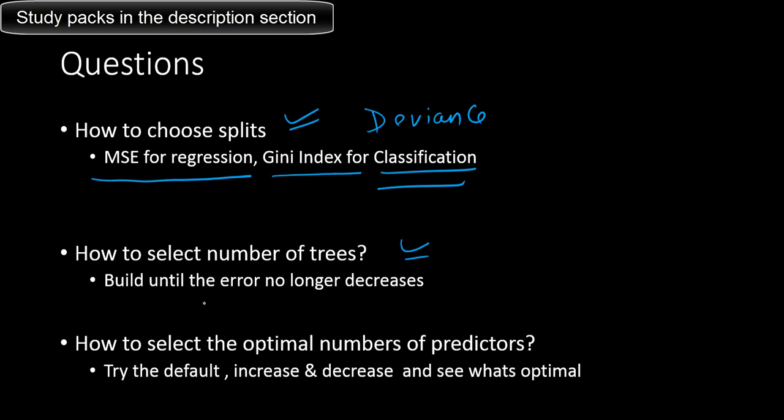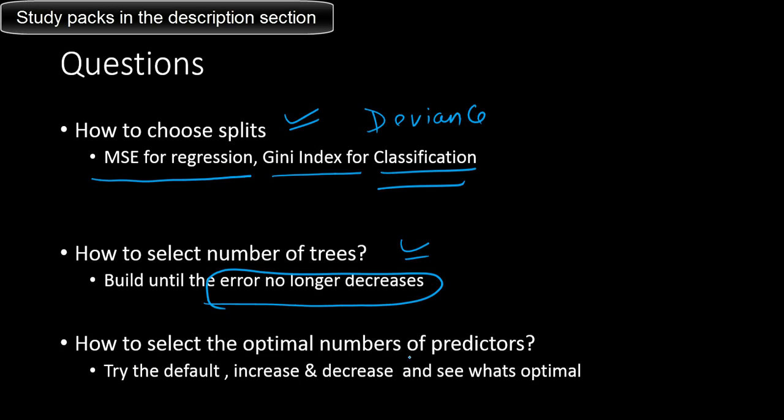While the error is changing, you go on building more trees. Whenever you see no change in the error, you stop there, because adding more decision trees is not helping improve the prediction.